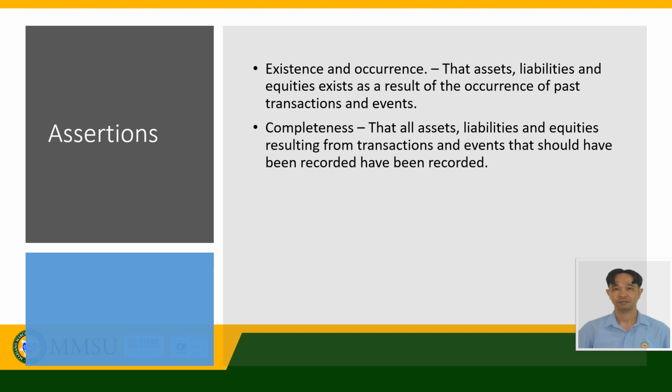Sinasabi rin ng management na kumpleto yung mga nakalagay dun sa financial statements, that all assets, liabilities, and equities resulting from transactions and events that should have been recorded have been recorded. So lahat ng mga pag-aari, utang at saka mga equity ay nakalagay. Lahat ng mga dapat ilagay ay nailagay sa financial statements. Walang labis, walang kulang.